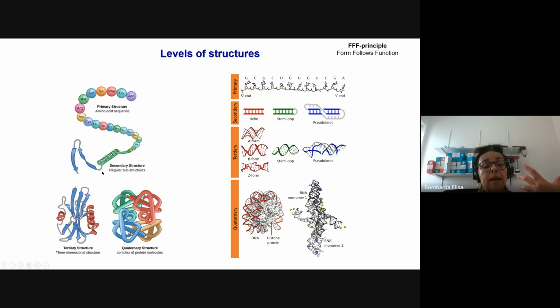Then you can have a tertiary structure, so a three-dimensional one. It's how, in space, the secondary structure is organized. And also the so-called quaternary structure, when you have a complex of different molecules.